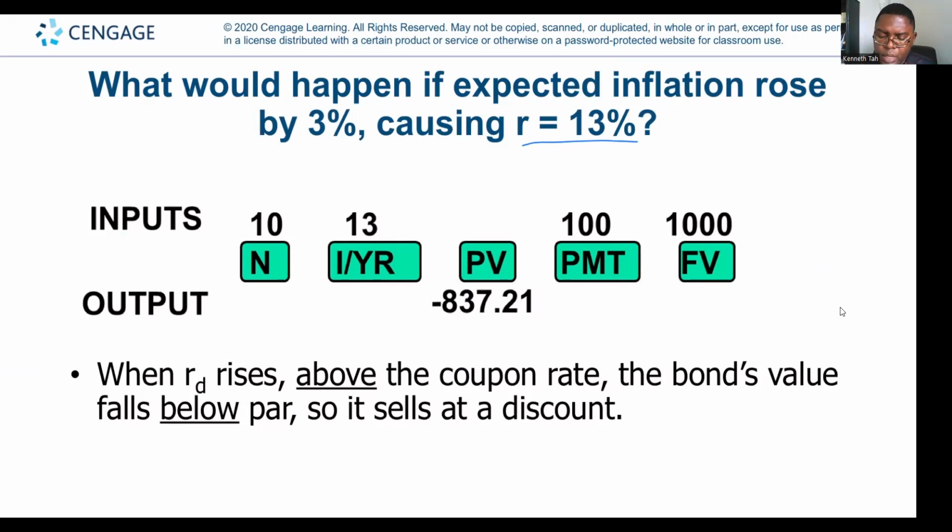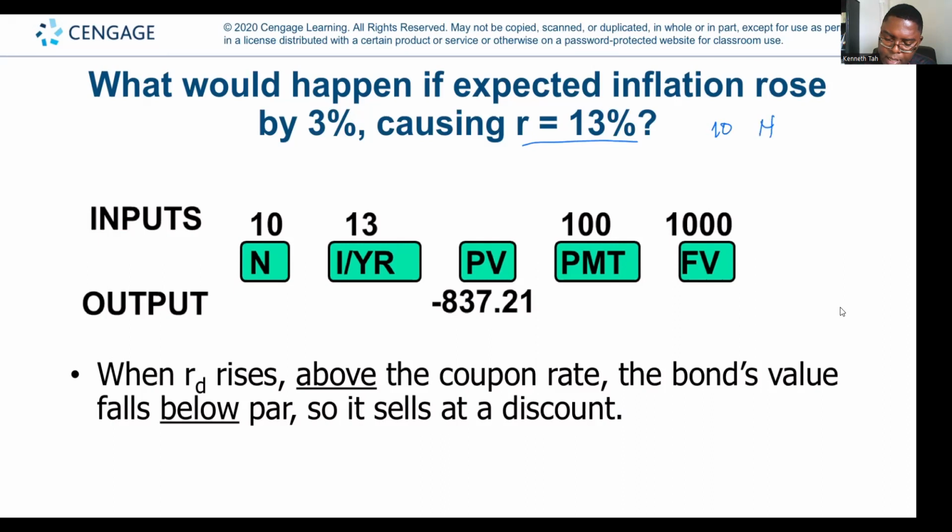Our coupon rate is 10%. So if we use the financial calculator, or we can use the formula, everything remains the same except that yield to maturity becomes 13%.